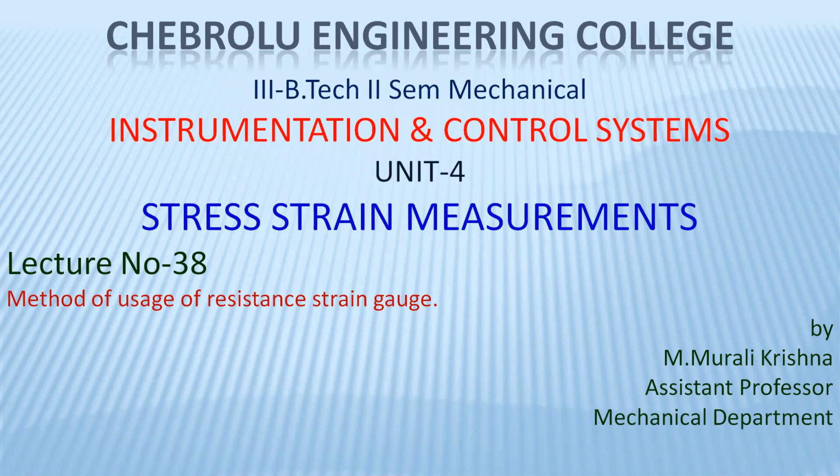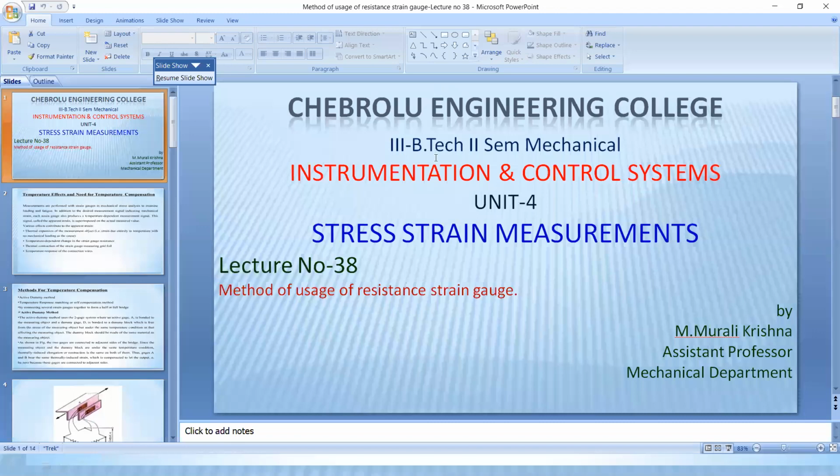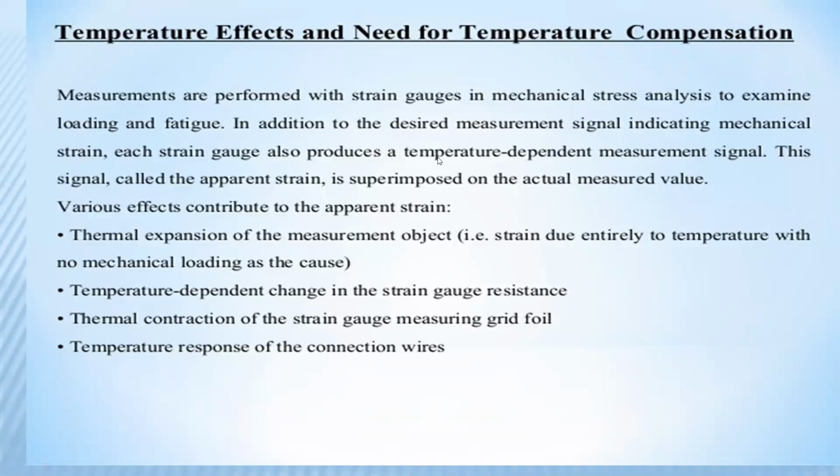Okay, so coming to today's class, it is the method of usage of resistance strain gauge. What are the different methods used in the resistance strain gauge at different applications? First of all, you can see temperature effects and the need for temperature compensation.